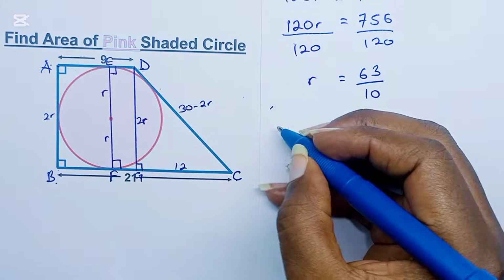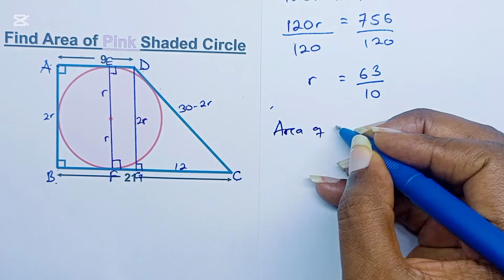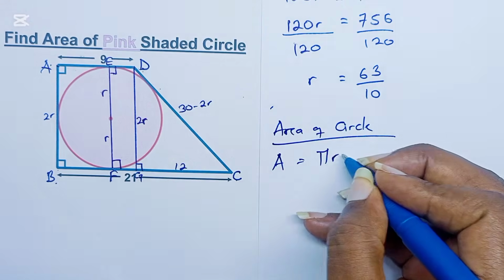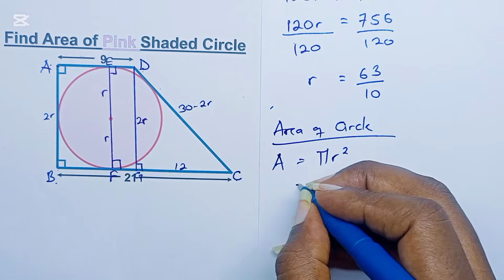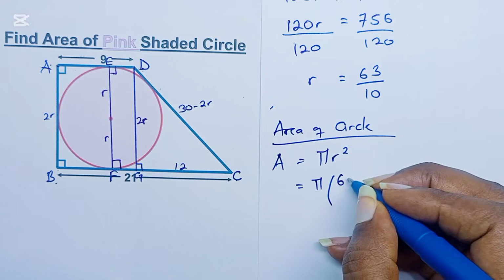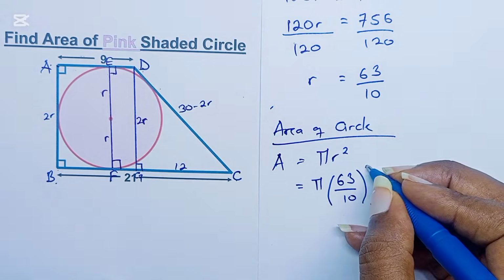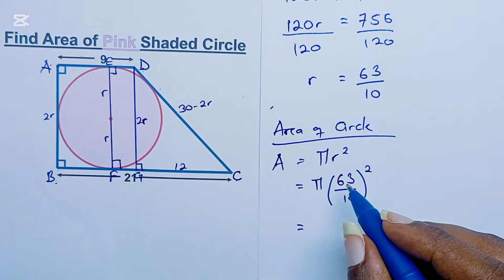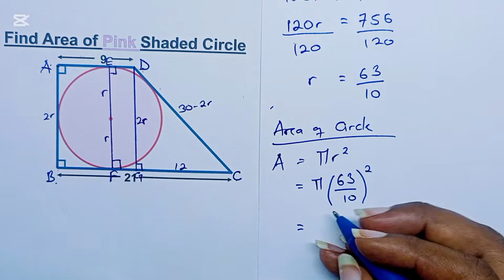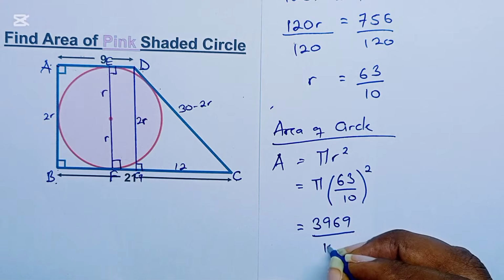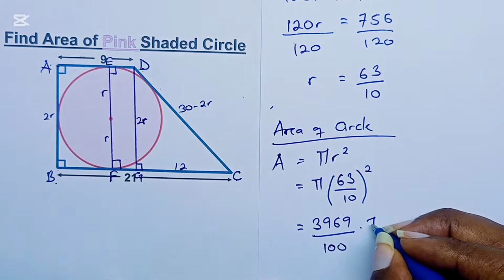We know that area is given by pi r squared. So we have pi times our radius 63 over 10, all squared. 63 squared gives us 3969, and 10 squared gives us 100.